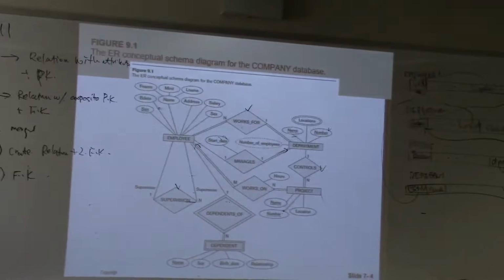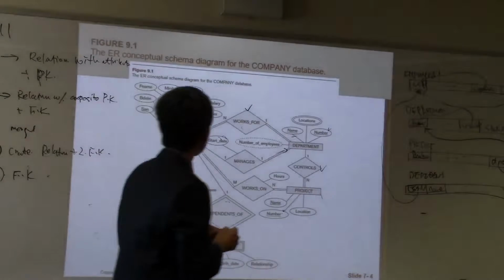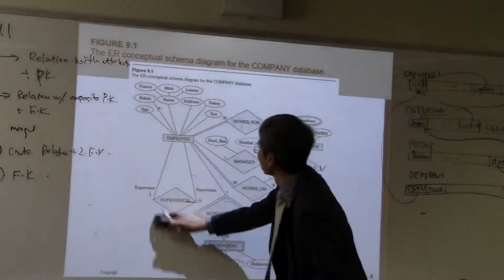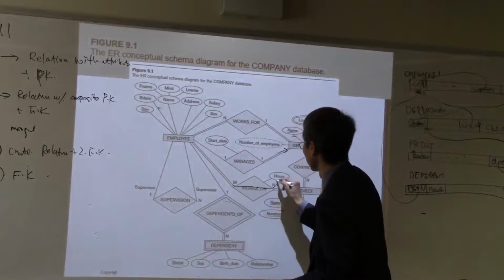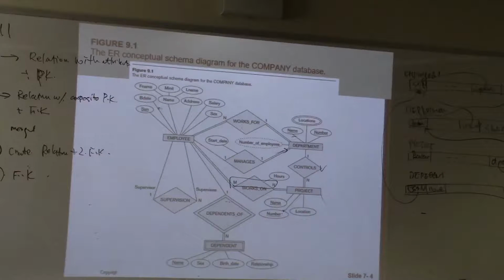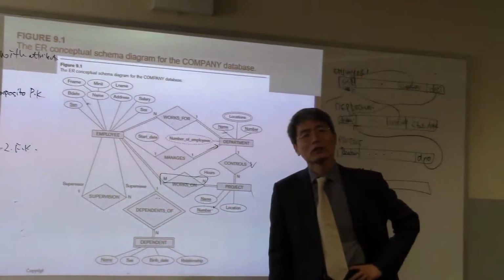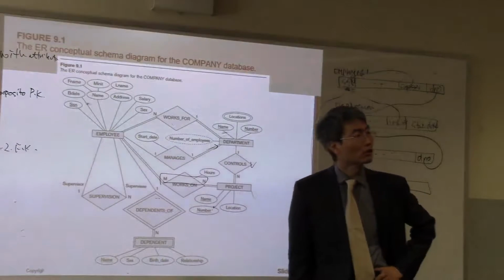Very straightforward. The next, many-to-many. Many-to-many is tricky. What about this many-to-many, the works one? Can we create just one foreign key? No. For this, it doesn't make sense.